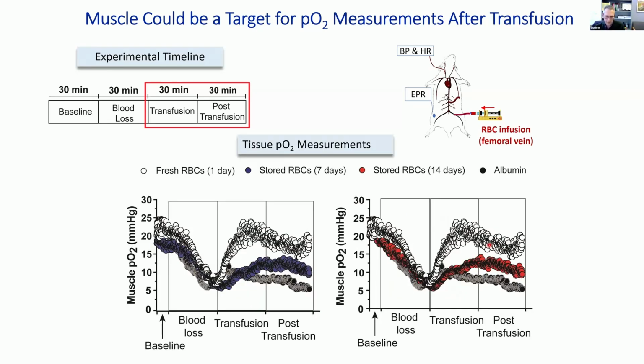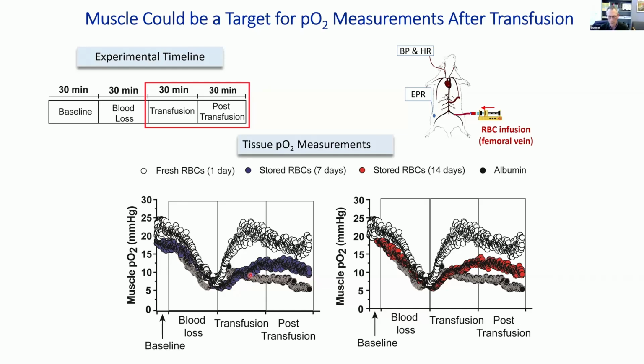But what is interesting, though, is that even though we get a restoration in the overall hemoglobin, what we don't see is a restoration in muscle PO2, which is an interesting thing because we base everything on hemoglobin concentration within circulation to transfuse people.